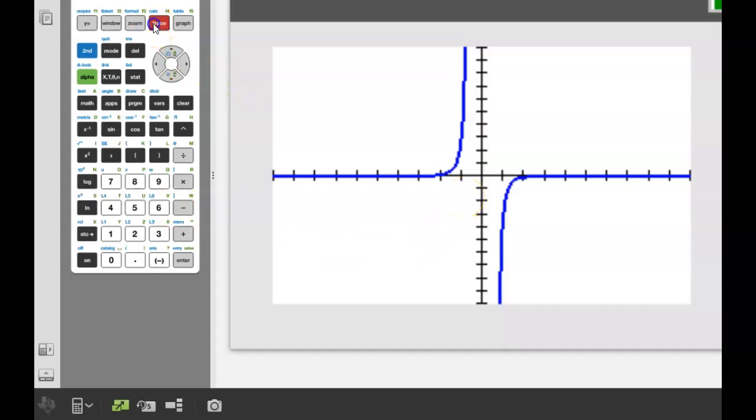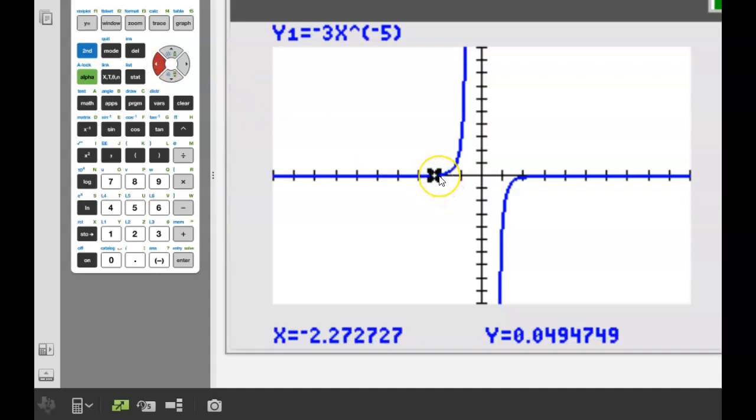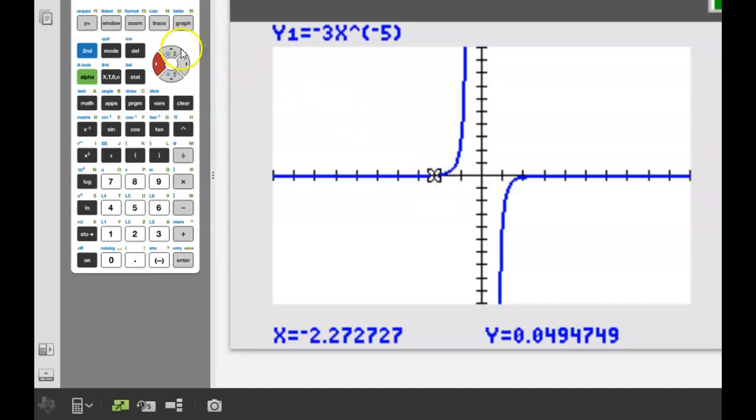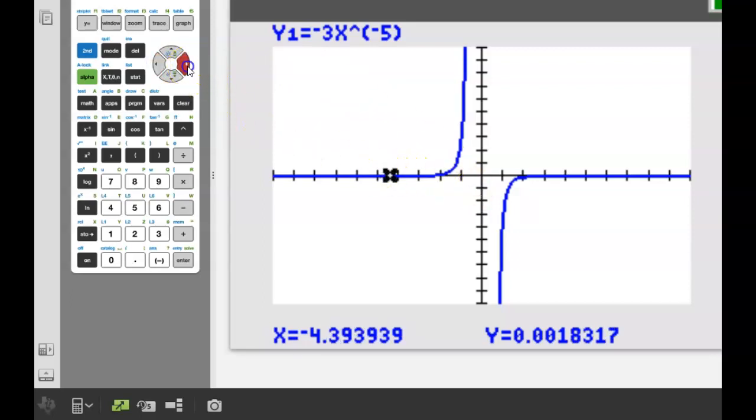the other thing that might help you is just to trace, because somebody's going to think it just ends, right? Does it look like on yours it just ends right there? If you don't have a color calculator, it kind of looks like it ends right there. So just trace along and go, oh yeah, it's just getting really close to 0. Do you see what I'm talking about, guys? If you trace here, you notice it does go past -1.